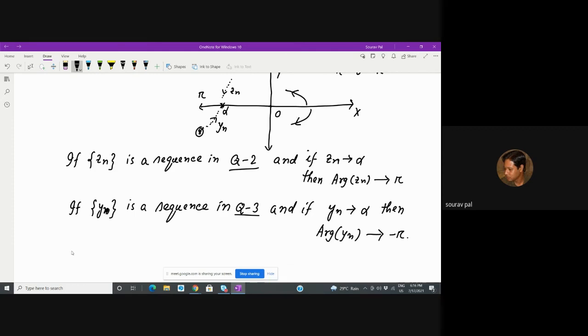So the principal argument is not continuous on the negative axis.